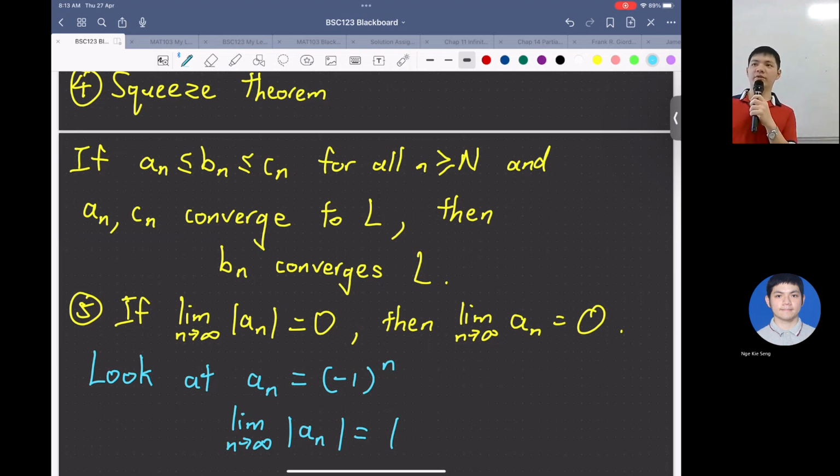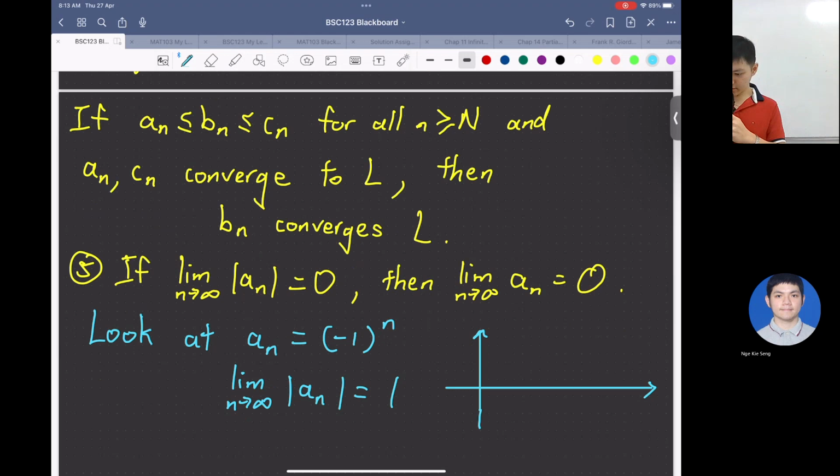Okay. So this one precisely talks about the two lines you see. So I remind you of the picture. It's -1, 1, -1, 1. If you take the absolute value, it is referring to these two lines here.